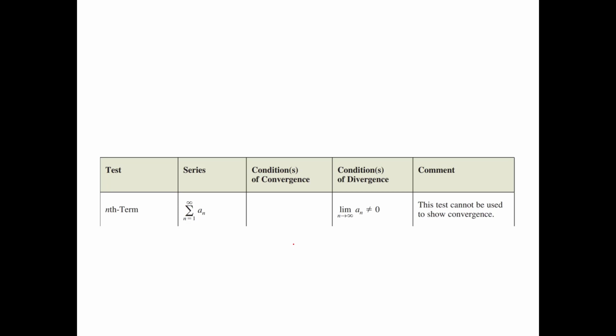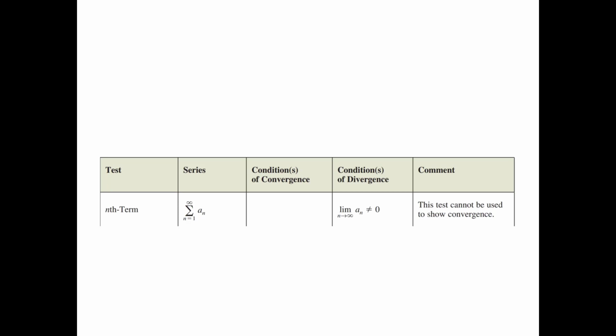So the test is the nth term test, which is the divergence test. And so you just look at your series, and if the terms do not go to 0, then your series diverges, right? So conditions of convergence, there isn't one. This is the divergence test. If your terms do not go to 0, you're done.